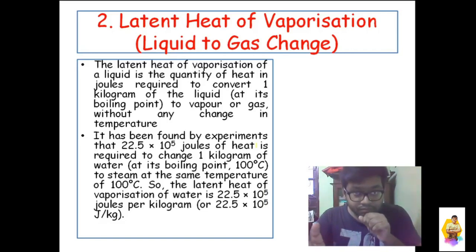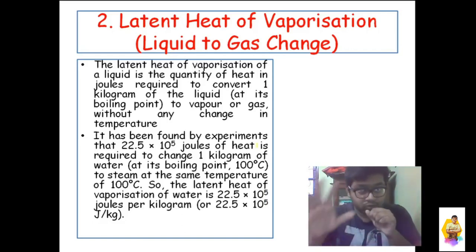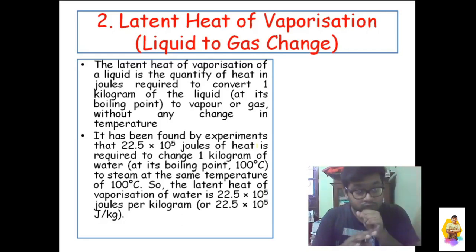All right. Now, look at the definition. It's an amount of heat that will convert a kilogram of liquid into its corresponding gas phase. So during this process, again there will be no change in temperature, only the change in state will happen.